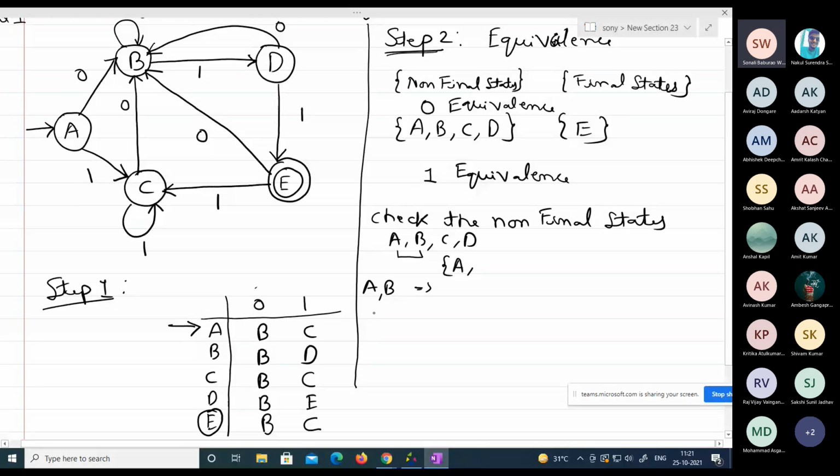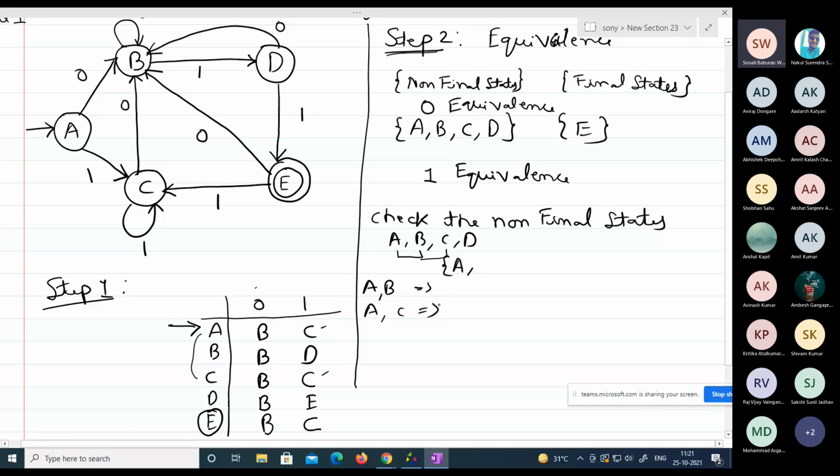But still, let's proceed with some other state. Now you can check for AC, because these are present in one group, one set. That's why we will check AC again. Now what happens in AC? We have B and C both there, right?